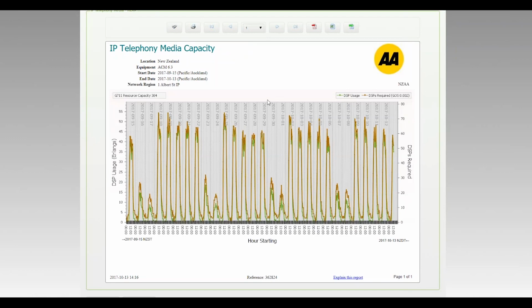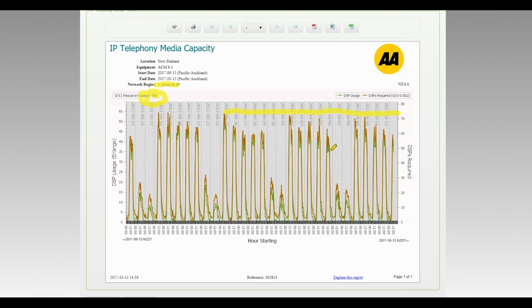The detail report tells you exactly how many resources you have. So in the Albert Street site, we have 384 resources, and when we take our peak traffic across to the right-hand side, we can see that we're using about 75 there at peak. So there is plenty of headroom for growth at that site.